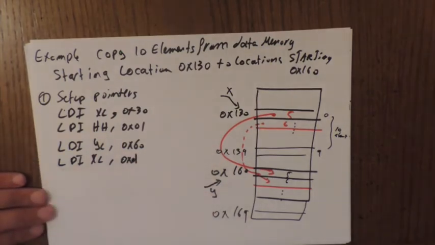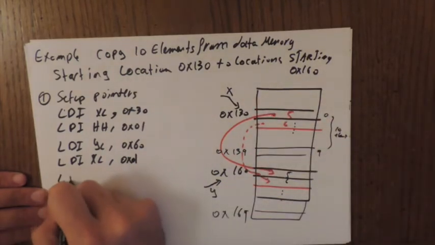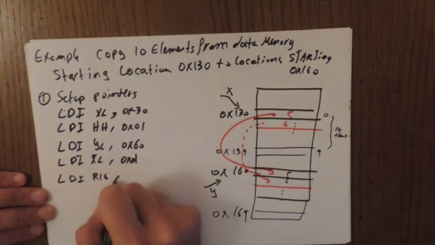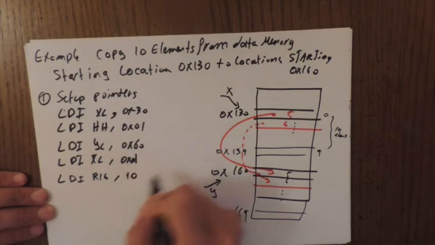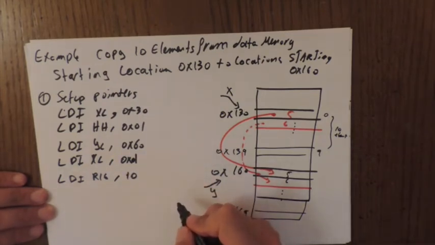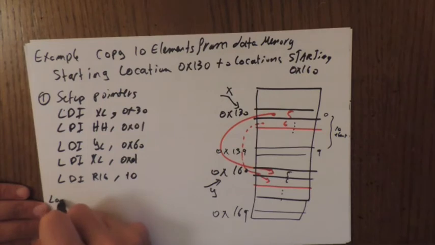So this is the first step. Now I need to place the counter. We have LDI R16 10, or we can put 0x0A, and we need to do the loop.